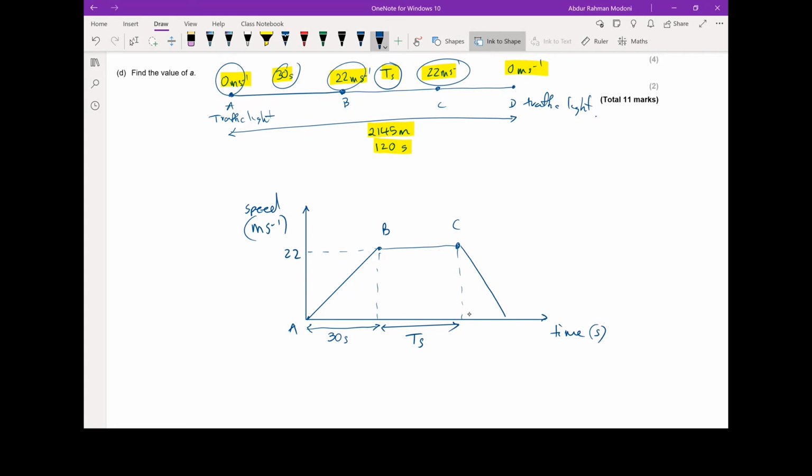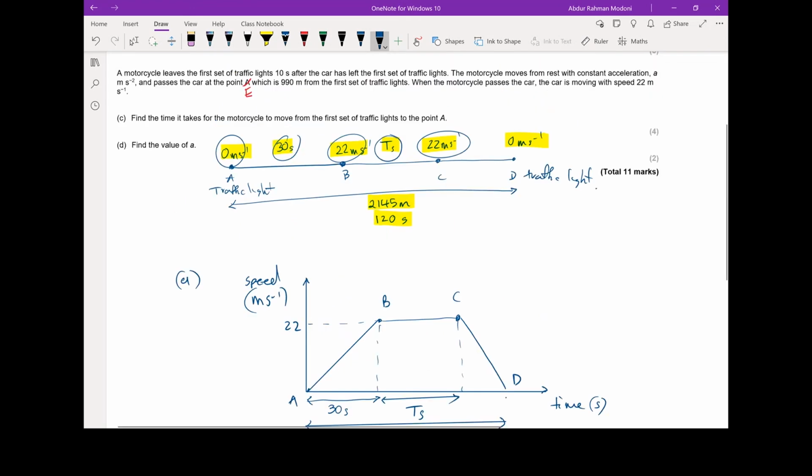We don't know what that further time is, but that's the point D. We know that this whole length along the x-axis is 120 seconds. So there's our velocity time graph drawn.